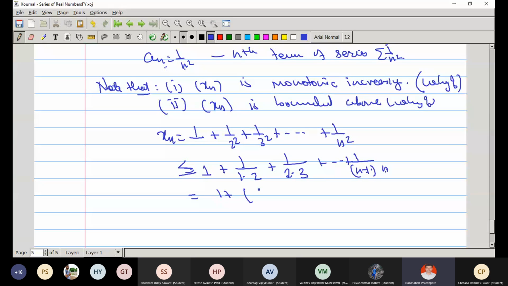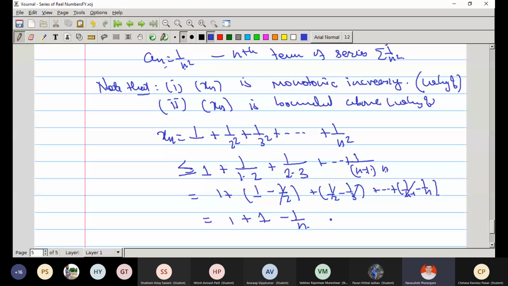Yes, sir. And again by the previous series, I can split 1 upon 1 into 2 as 1 minus half plus 1 by 2 minus 1 by 3 and so on, 1 by n minus 1 minus 1 by n, and see what happens. 1 plus 1, half cancels, this cancels, so ultimately what remains?